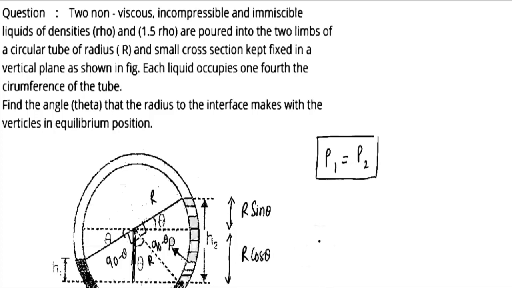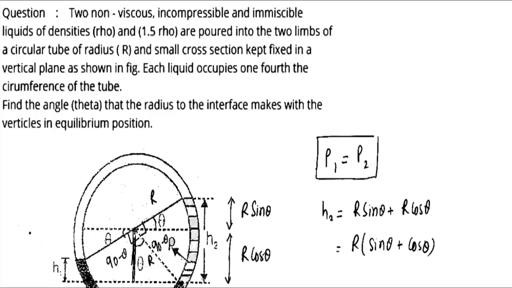It means that h2 will be equal to r sine theta plus r cos theta, meaning r times sine theta plus cos theta. That is the value of h2. Similarly, we will find the value of h1.